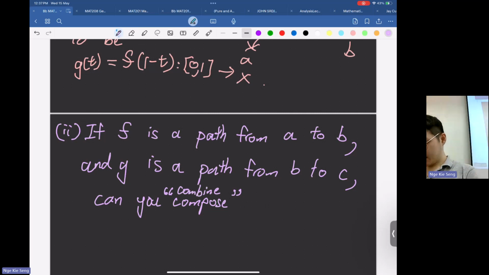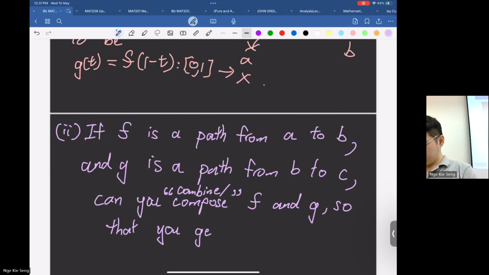Can you combine the two paths F and G so that you get a path from A to C?